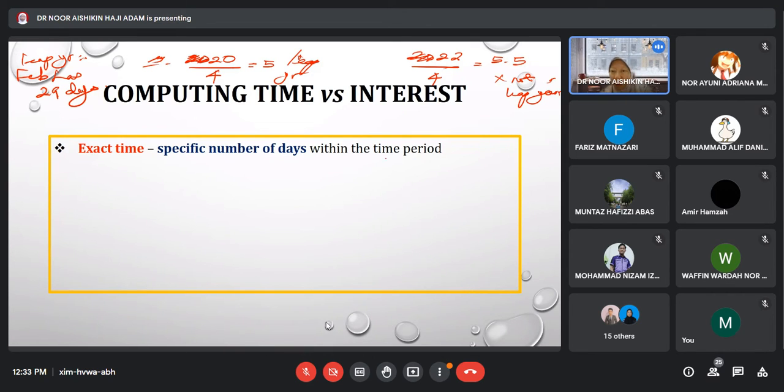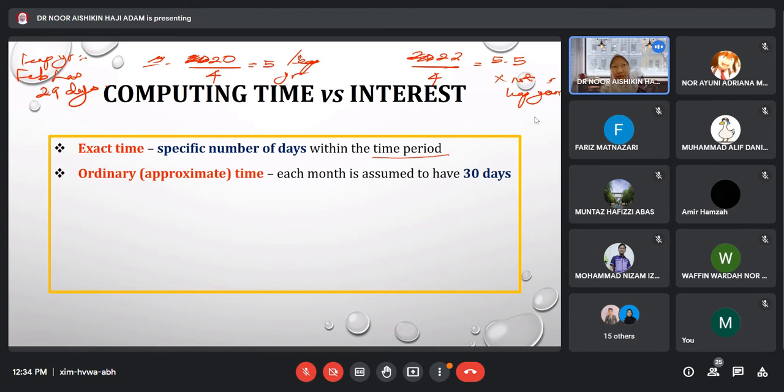Why time period? Because as I said earlier, you are given the beginning date and the ending date. So you have 2 dates. You need to count the exact number of days between those 2 dates. And that is exact time.